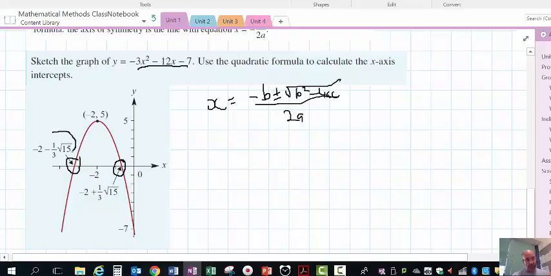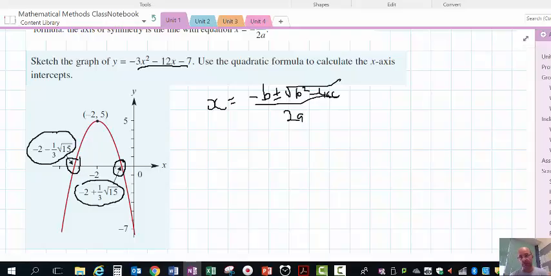The two values are written there. So it's negative 2 minus square root of 15 on 3, or negative 2 plus the square root of 15 over 3. See if you can do that as an extra challenge, and more about that later on.